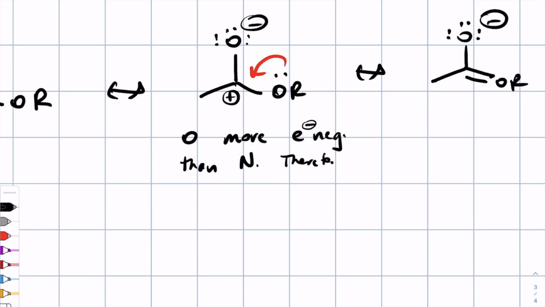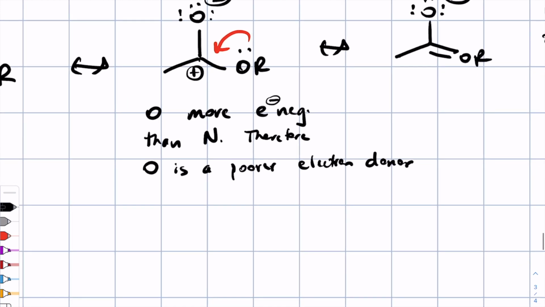Therefore, oxygen is a poorer electron donor. Therefore, the ester carbonyl is less electron rich than the amide.